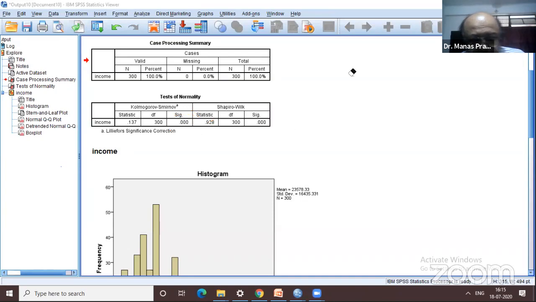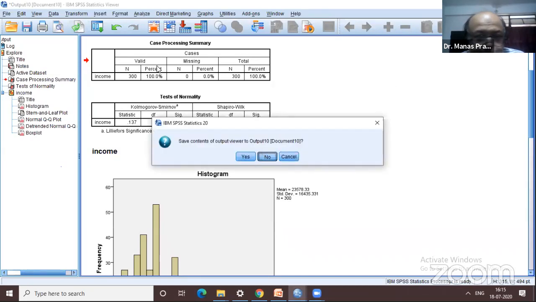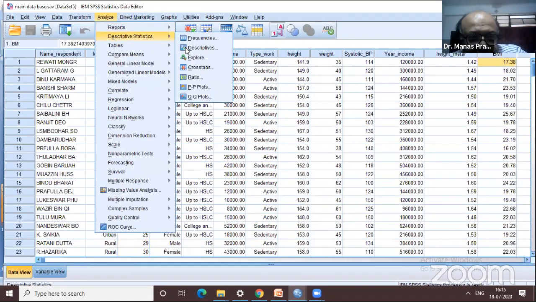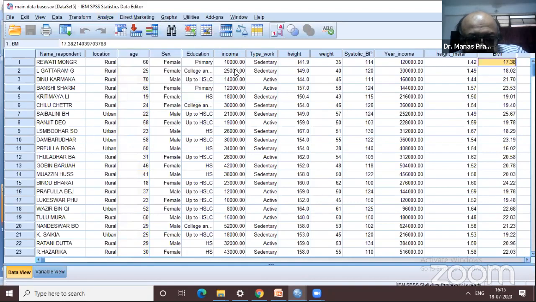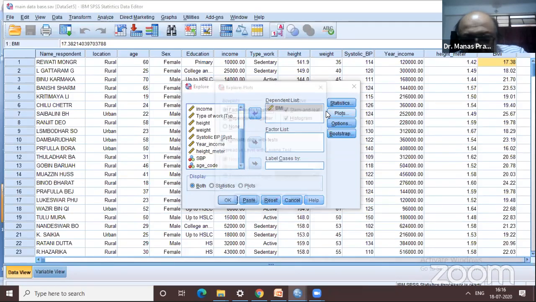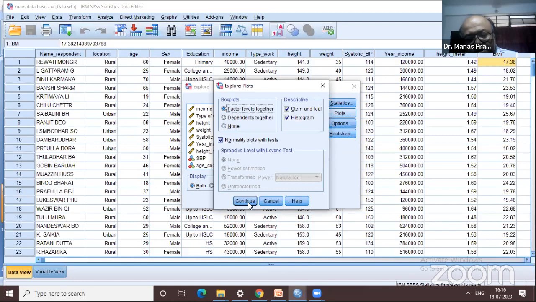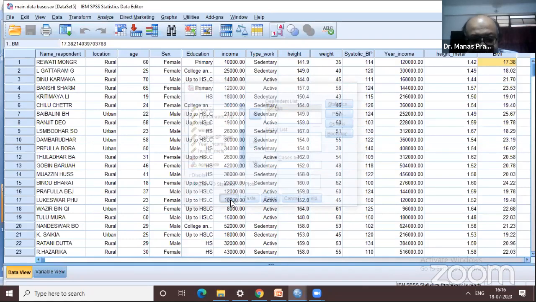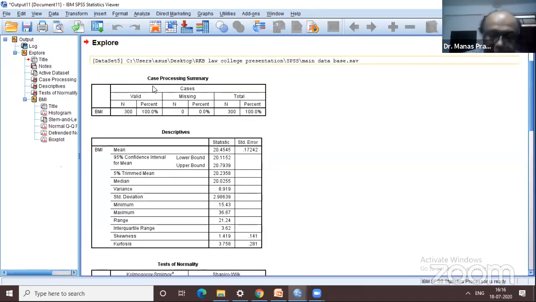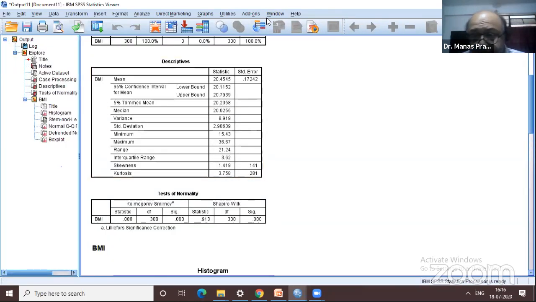So let us try one more variable. Suppose let us do it for BMI, body mass index. Okay, so go to analyze, descriptive statistics, explore. So select BMI. It is already selected, normality plot with test, continue. Okay. What is the p-value here?